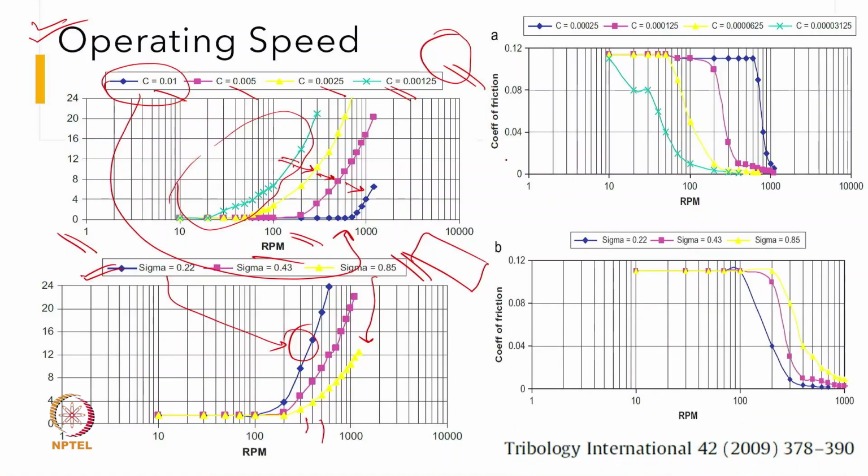We also did a calculation for the coefficient of friction, which we mentioned initially, showing a kind of reverse S cycle. We can figure out that as the clearance is increasing, the coefficient of friction is on a higher side. You can see here in this case, particularly at this RPM, it happens at a low RPM itself, and we find that where clearance is higher, the coefficient of friction is also higher.